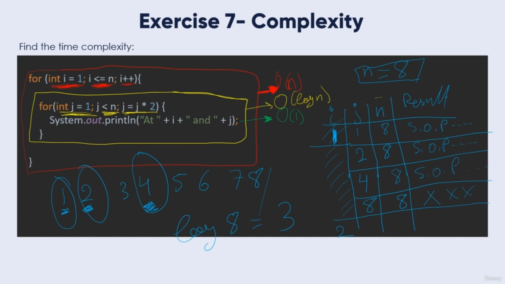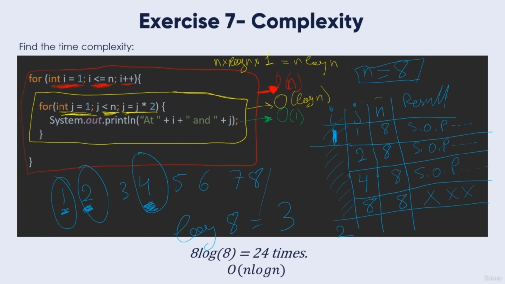So here, n times log n times 1. Therefore, this results in n log n. So, if we take an example of 8, we are executing i from 1 to 8.